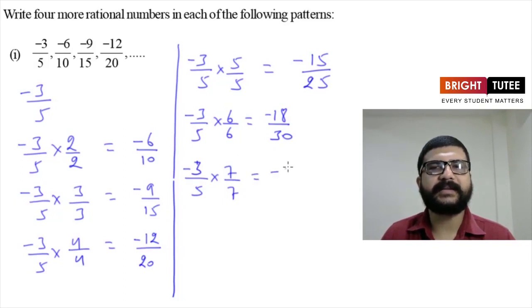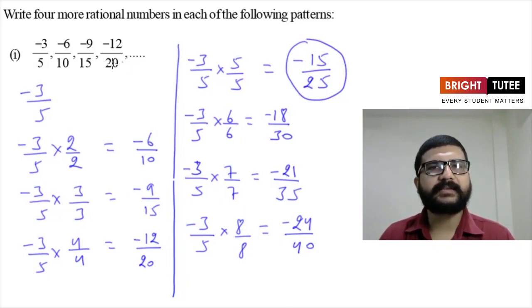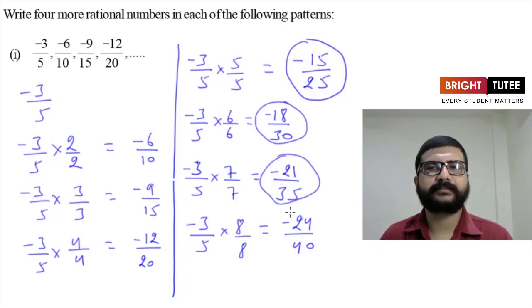This will give us minus 21 upon 35, and then we will have minus 3 upon 5 into 8 upon 8. Now this gives us minus 24 upon 40. So now these are the 4 rational numbers which will come here in this sequence or the pattern here. Now let's see the next pattern.